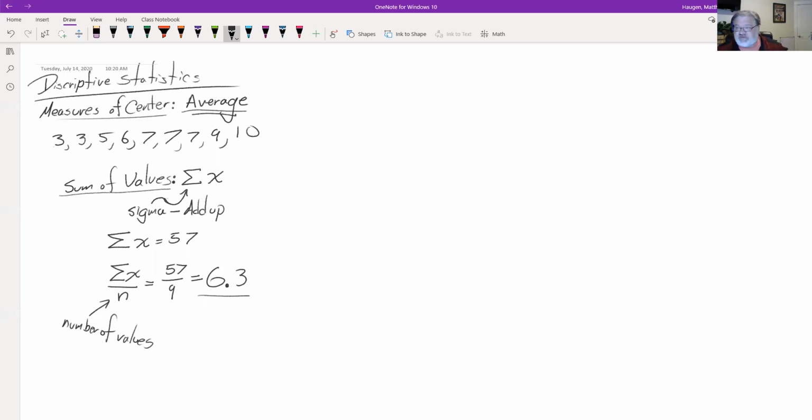So that 6.333 is one of our types of average. And this is a type of average that we will use a lot. This type of average is referred to as the mean average, or just the mean. Sometimes you'll also hear it referred to as center of mass. You'll hear it referred to as weighted average. We'll use it later as expected value.